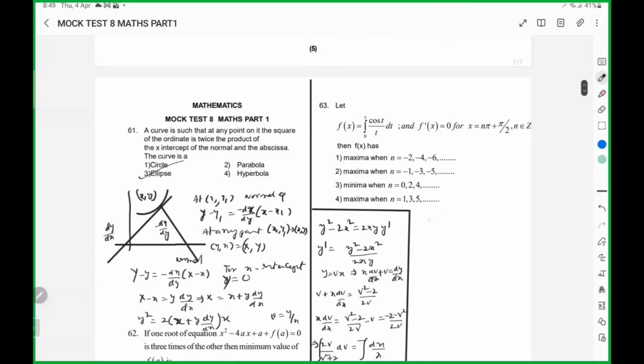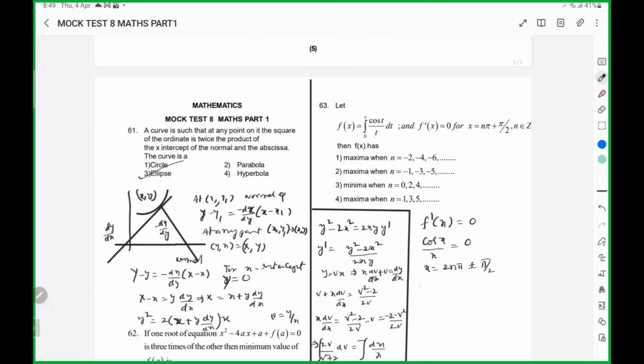For minimum and maximum, we write f dash x equals 0. That is by Leibniz theorem. So x will be 2n pi plus or minus pi by 2.